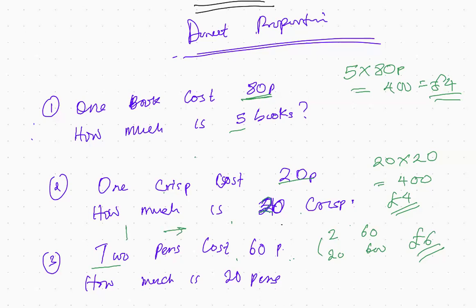So you can then find it for 20. 20 times 30 gives you 600. So that is actually how it works.